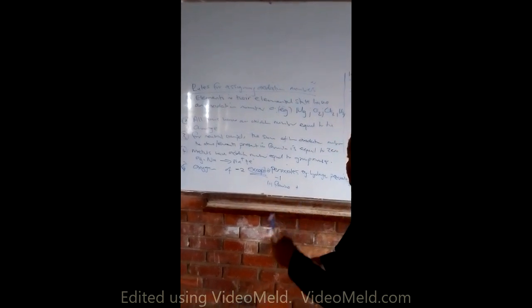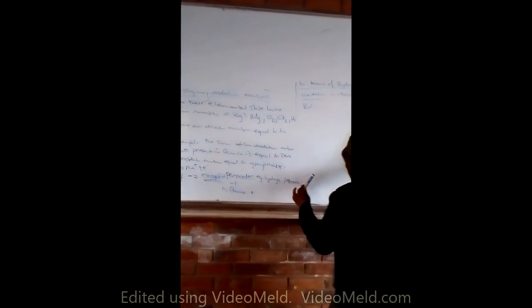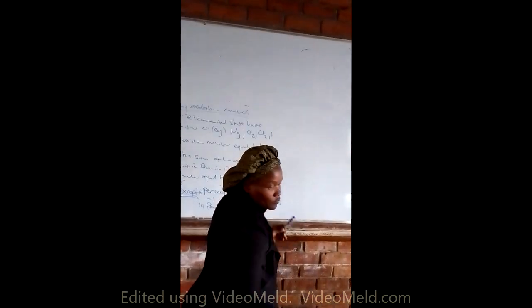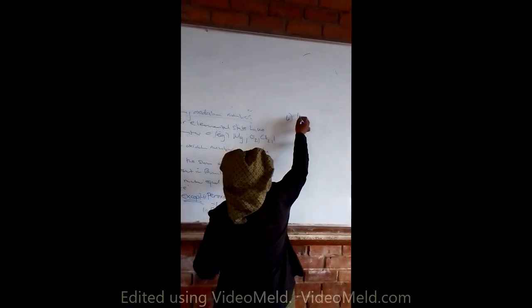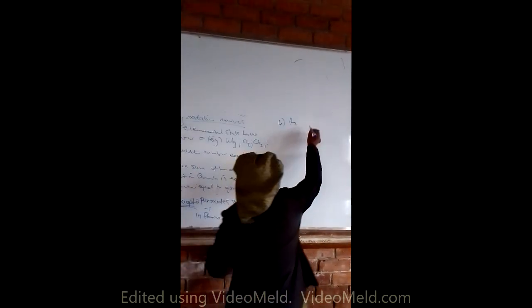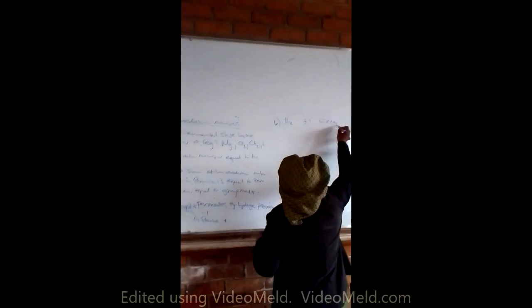Then hydrogen. Hydrogen has an oxidation number of +1 in all its compounds, except, let's look at the exception.